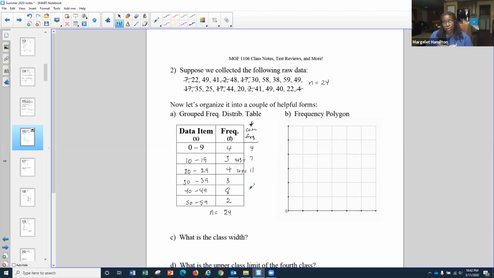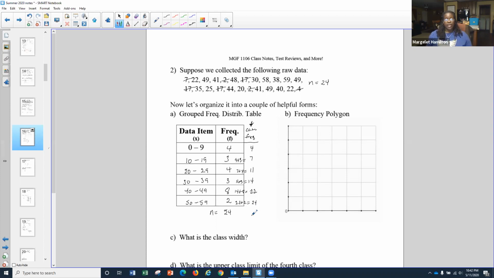Do you see what I'm doing? Then 11 plus 3, 14. Then 14 plus 8, go ahead, 22. Okay, and then 22 plus 2 equals 24.